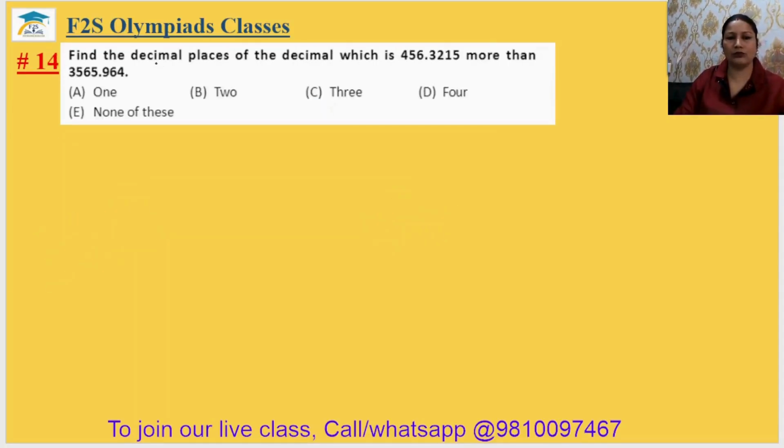Come to question number 14. Find the decimal places of the decimal which is 456.3215 more than this. So first find the number. The number is 0.964 addition 456.3215.